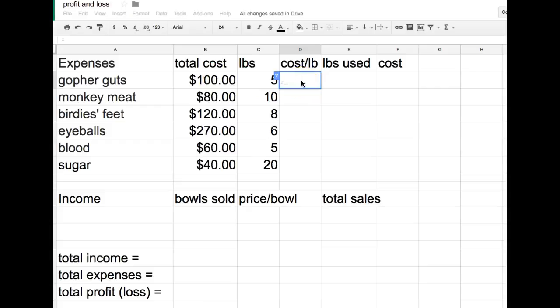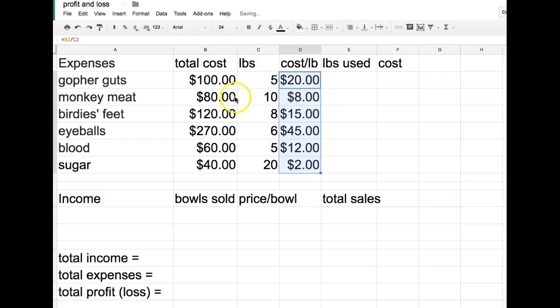So we'll use a calculation and say whatever's in B2 divided by whatever's in C2. That'll give us some money per pound. For example, 100 divided by 5 should be 20. And it looks good. So we'll propagate that formula down. In each of them we're taking the money divided by the pounds, getting cost per pound.